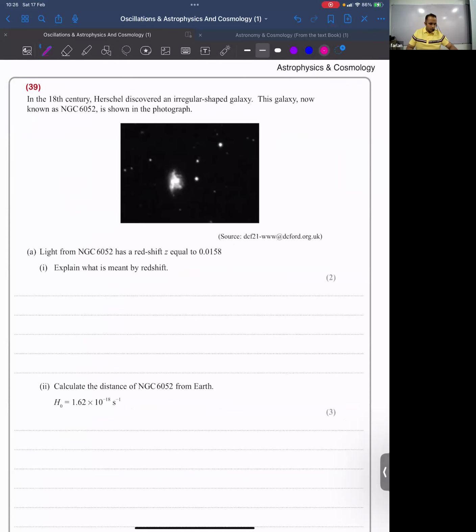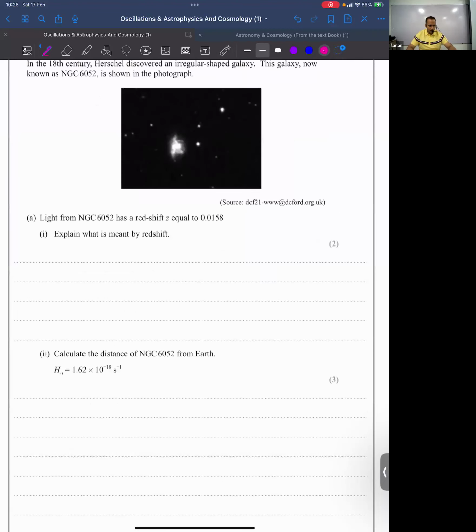This galaxy, now known as NGC 6052, is shown in the photograph. Light from this galaxy has a redshift z equals 0.015. Explain what is meant by the redshift. What is meant by the redshift?